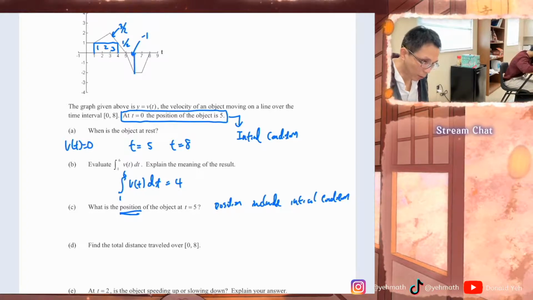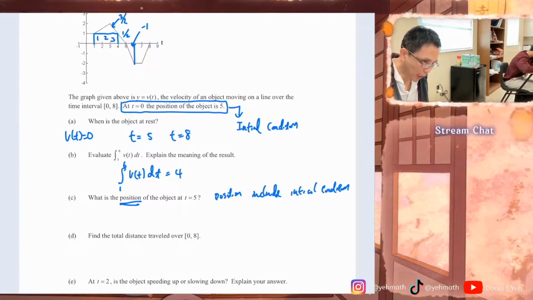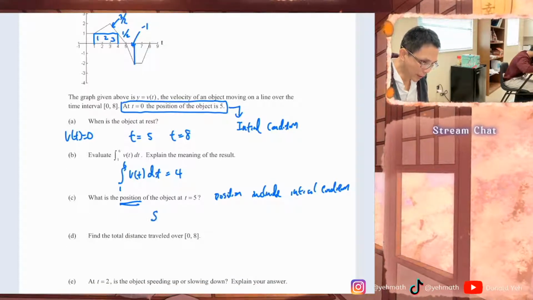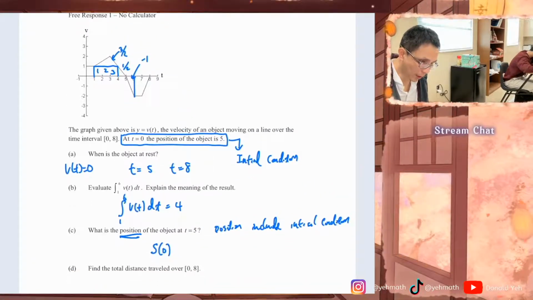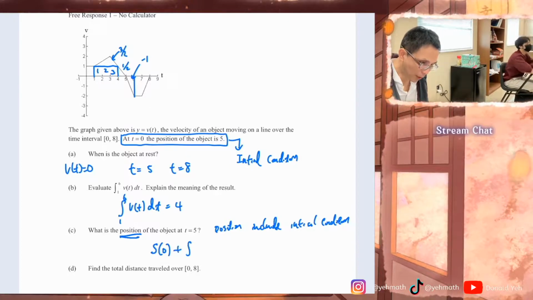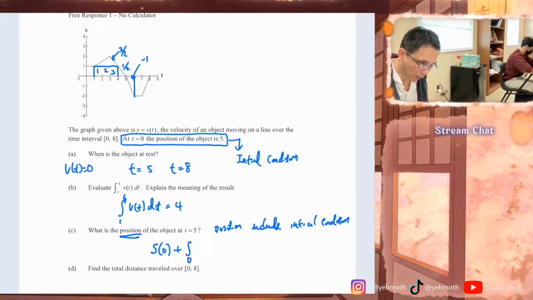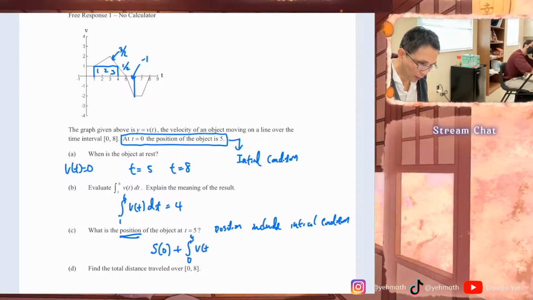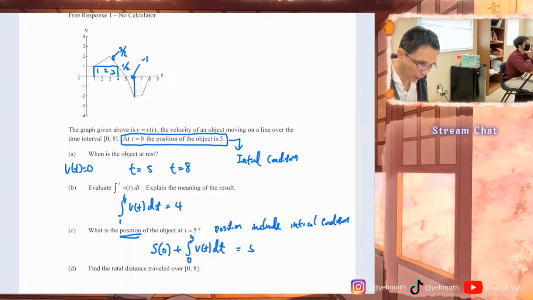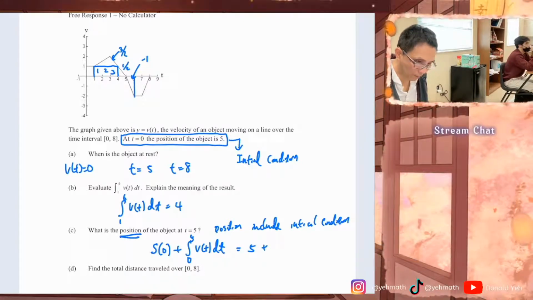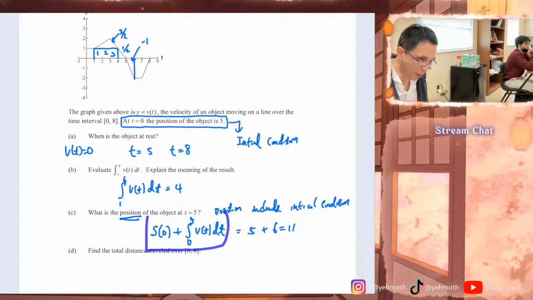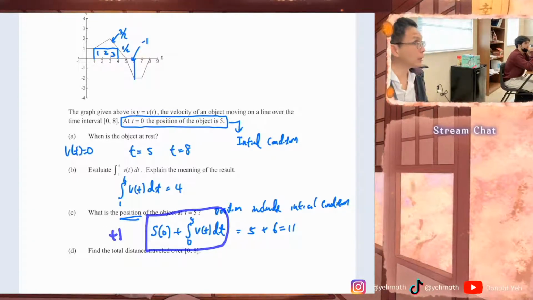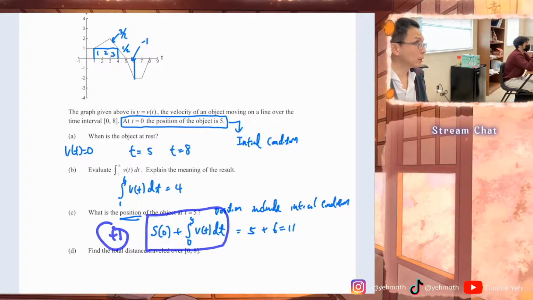Okay, so when t equals 5, make sure you write it down like this: s of 0 plus the integral from 0 to 5 of v of t dt. That's equal to 5 plus 6, which is 11. Do you have to write down s of 0? Yes, that's how you get the point here.